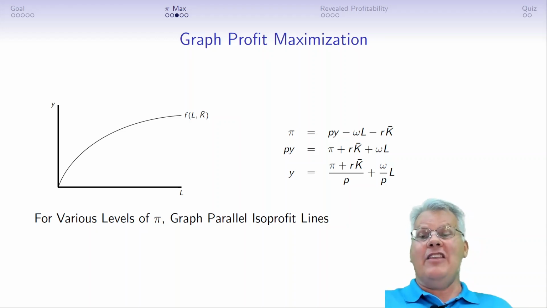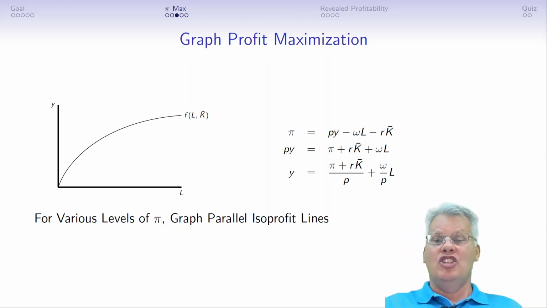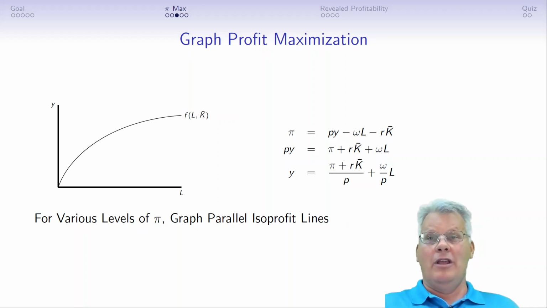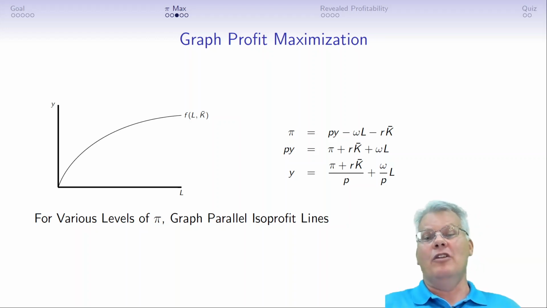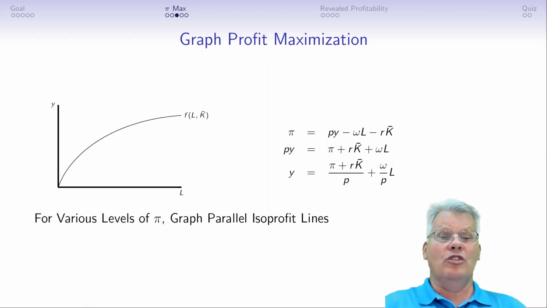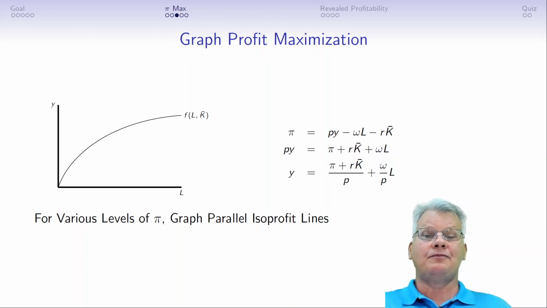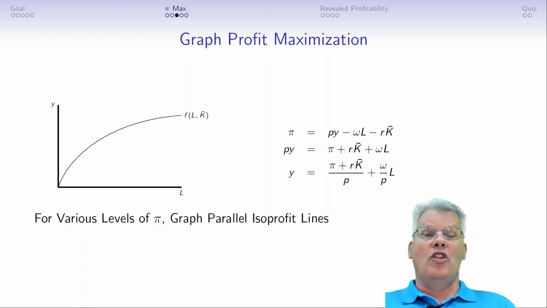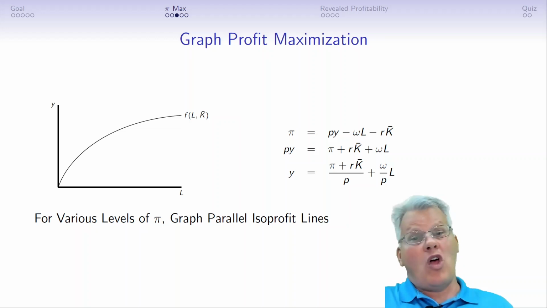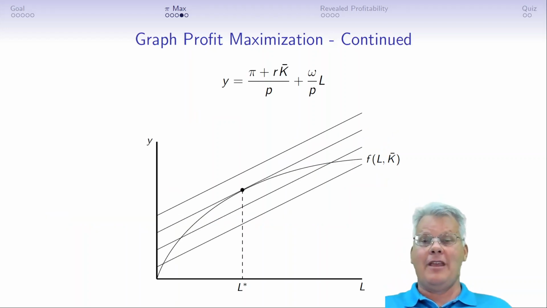Let's say that when the firm has maximized profit, pi is equal to $1 million. An isoprofit line would be all combinations of input and output that would generate $1 million worth of profit, whether they're technologically feasible or not.